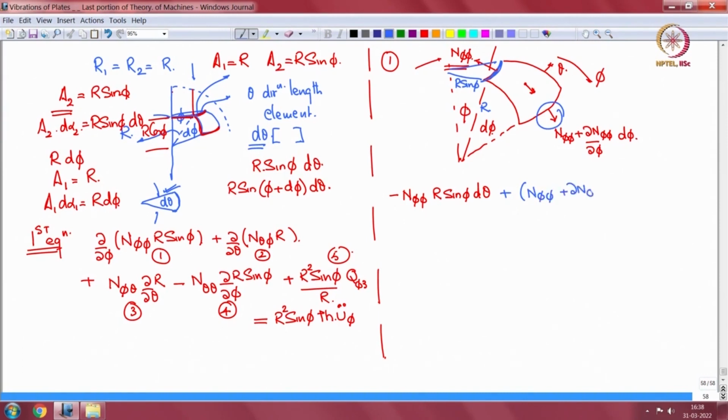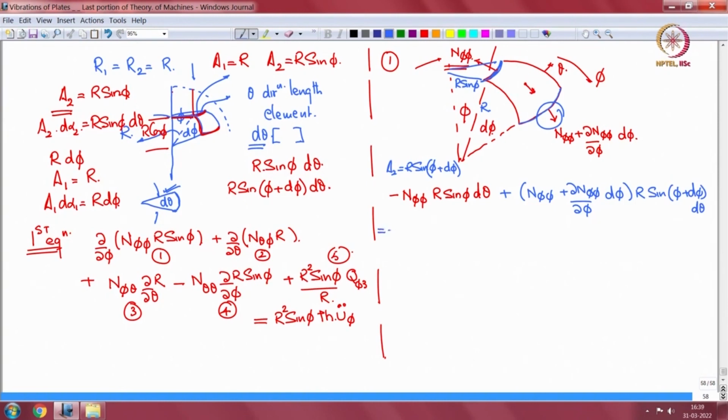n phi phi plus del n phi phi by del phi d phi, but now even the length is incremented. Because the basic A2 is r sin phi, but here it is r sin of phi plus d phi. So we have r sin of phi plus d phi d theta. Now we have to expand this.